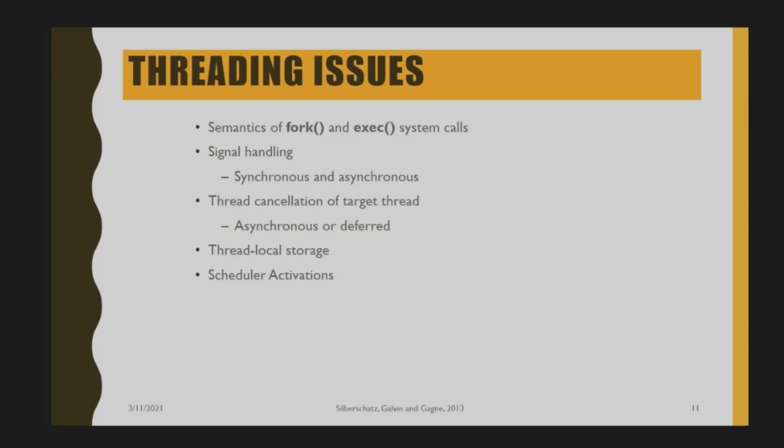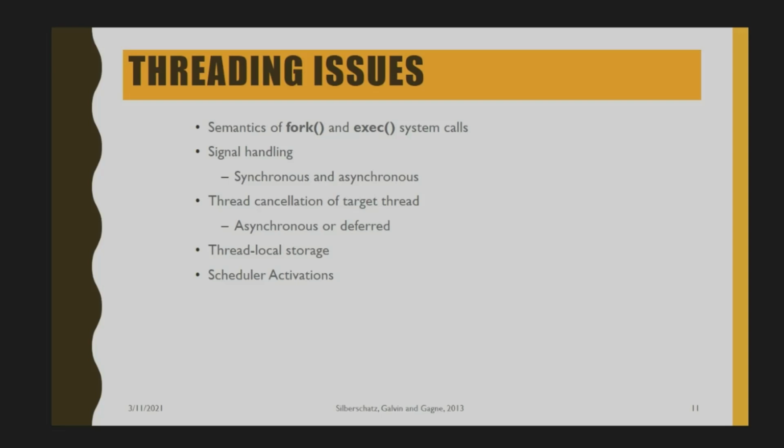These functions are used in order to create, separate, and duplicate a process. So the question now is, if one thread in a program calls the fork function, does the new process duplicate all the threads, or does the new process become single threaded?